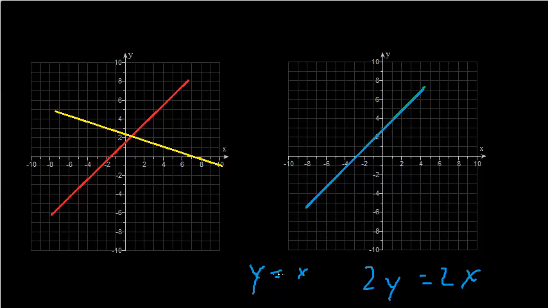If I were to graph these two equations, they would both give me the exact same line. So in this case, these two would have infinitely many solutions in common with each other. Now let's take a look at this first situation where we have those two lines that meet at one point.